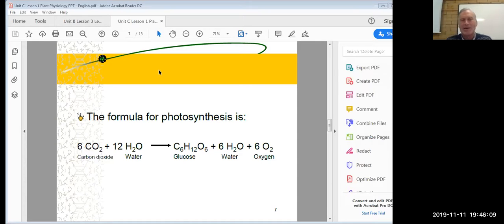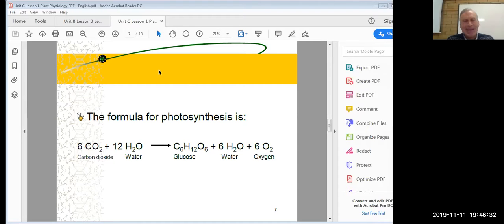And then the plant can use that energy to do other things, to grow, for chemical reactions. Some of it goes out through its roots into the soil to feed the microorganisms. Some of it we eat, to feed ourselves.